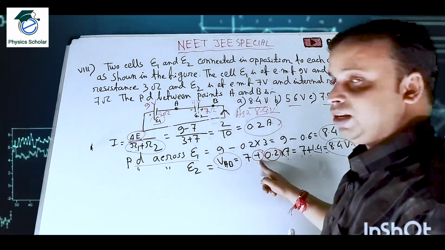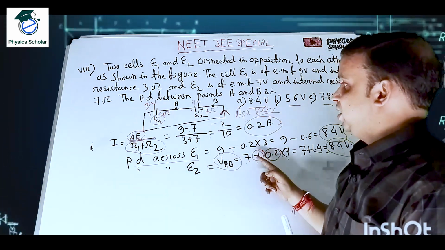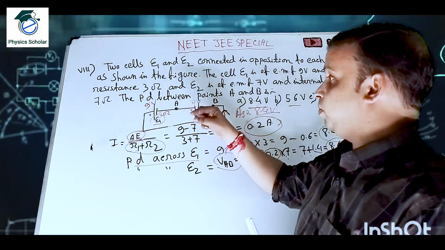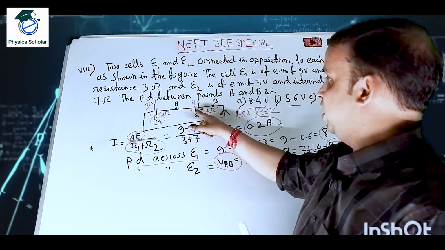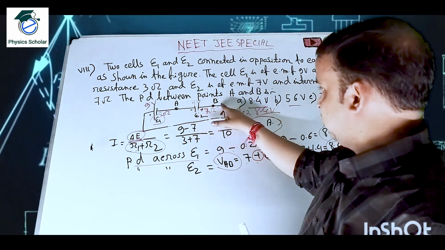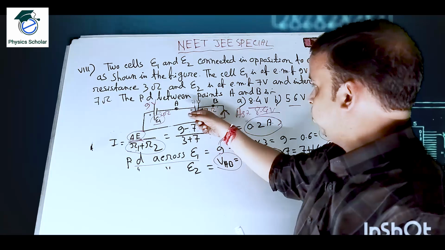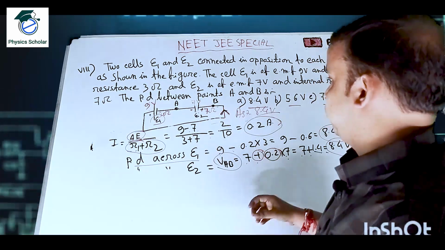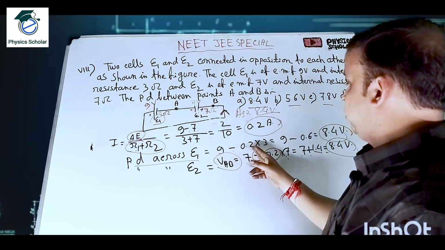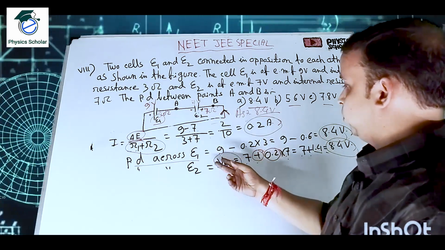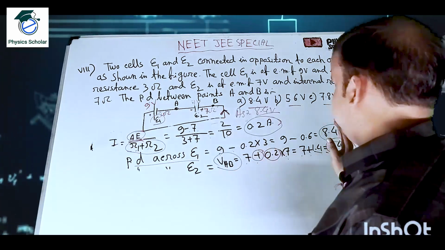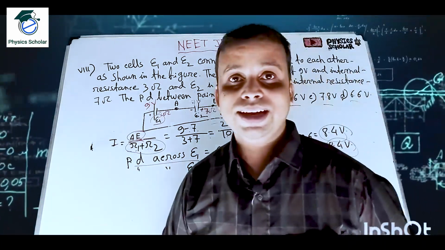That's why it is a plus sign here. So epsilon 1 is 9 minus 0.2 into 3, and across B it is 8.4 volt. So option A will be the right answer.